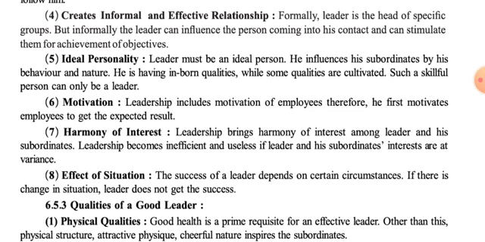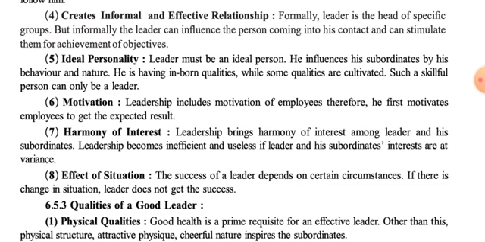Formally means via rules and regulations, or we can say by structure, the leader is the head of specific groups. We have seen so many groups, like friendship groups, then groups of people who come together for the achievement of particular objectives. In industries also there are teams and groups.